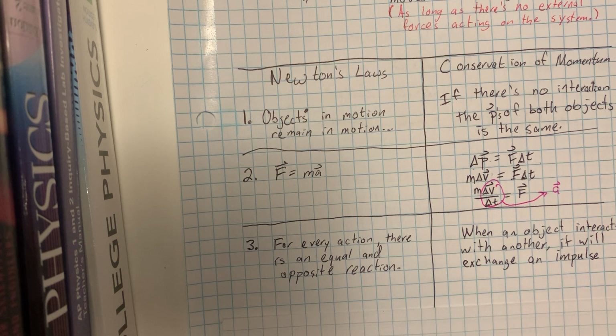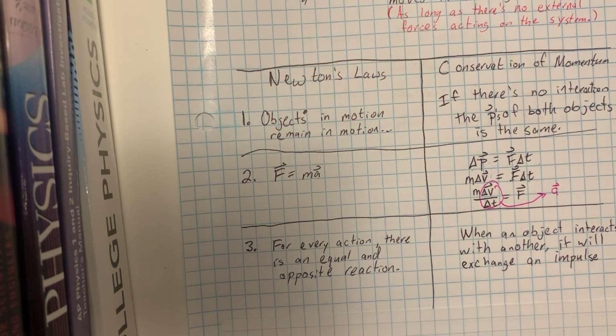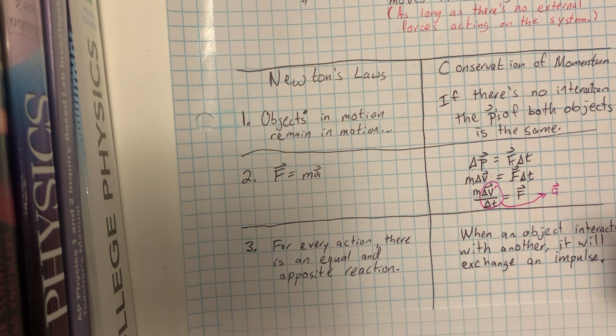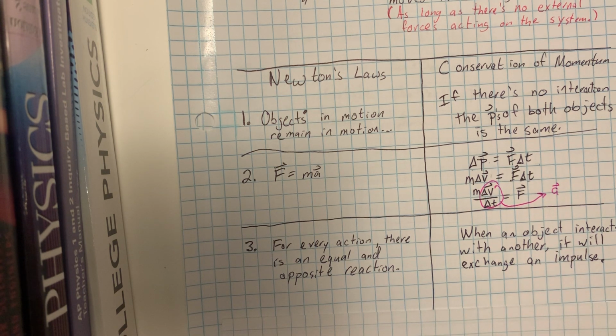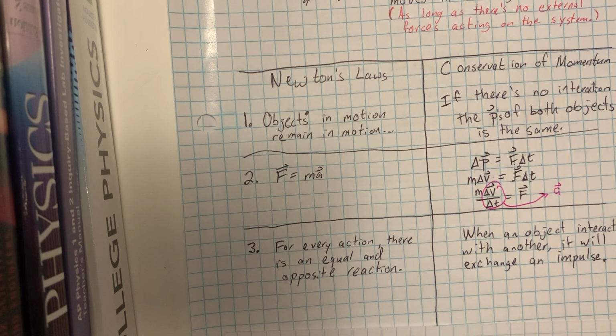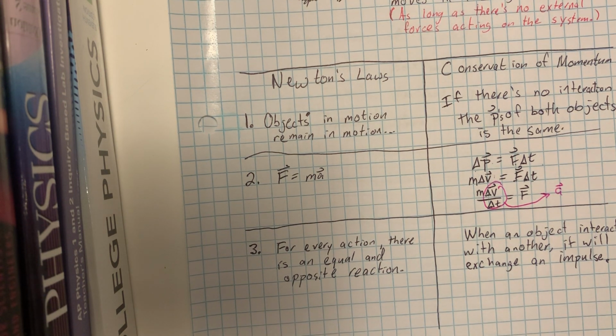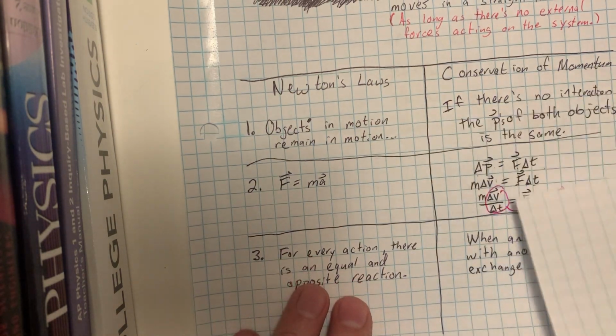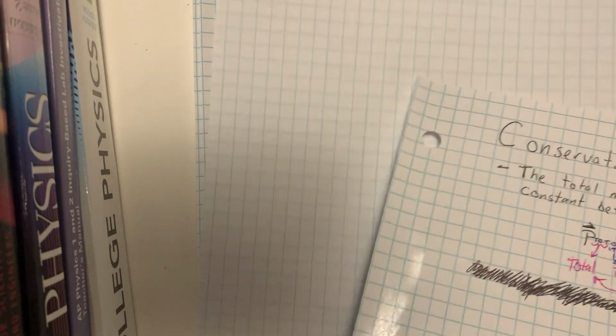Well, to keep the total momentum of the system constant, if one object gains momentum, the other is going to lose momentum. That means one's going to have a force exerted on it in the positive direction, the other one's going to have it exerted in the negative direction, and the time is going to be constant for both of those, because I can't push on something for longer than it pushes back on me. It just doesn't work that way. So Newton's third law, or all of Newton's laws, come right out of conservation of momentum.